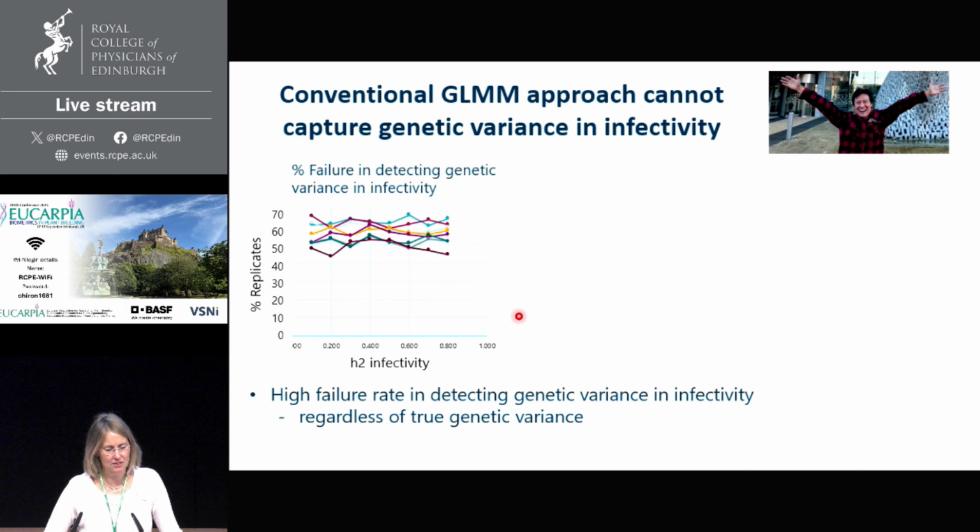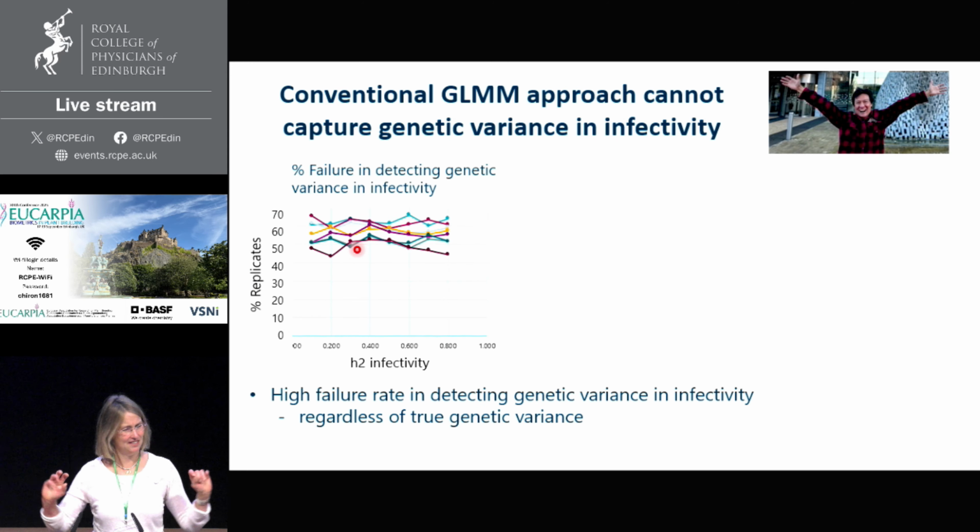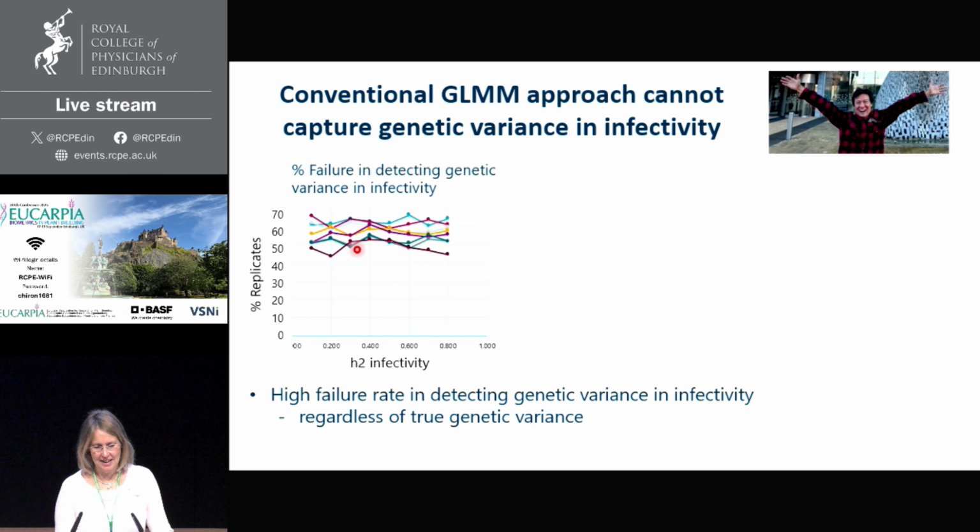So we had a high failure rate. In about 50 to 70% of runs, we got either no variation in infectivity or insanely high variation in infectivity. So we had very extreme values that weren't right. And it didn't matter how much genetic variation in infectivity there was in the population. Regardless of that, we had a high failure rate.